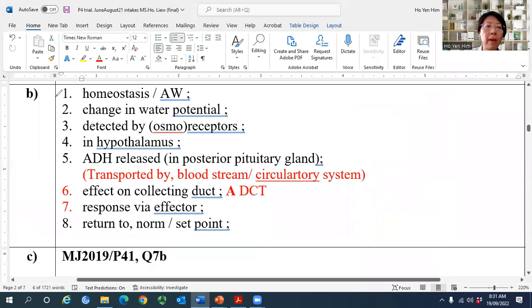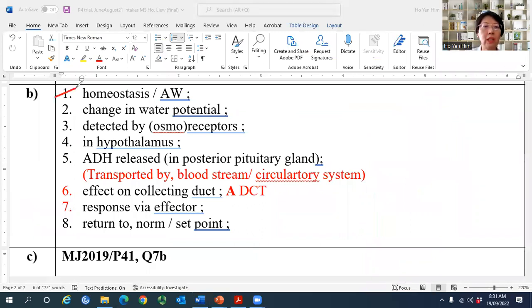So this is done by homeostasis. The stimulus is a change in the water potential. The receptor is the osmoreceptor located in the hypothalamus, leading to transmission. ADH is released in the posterior pituitary gland and then transported by the bloodstream.